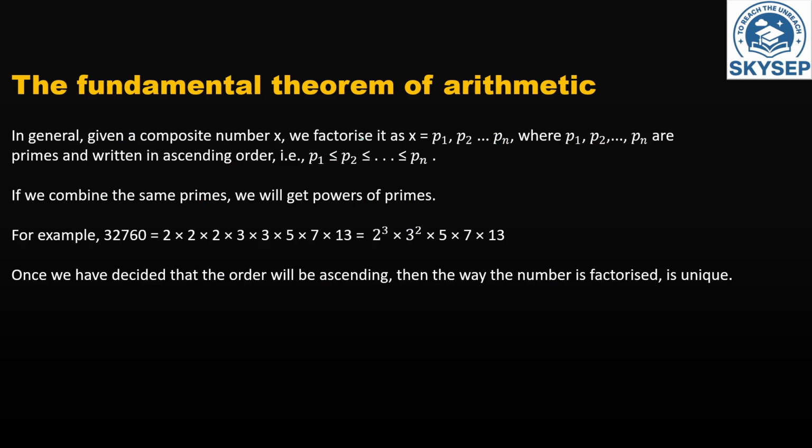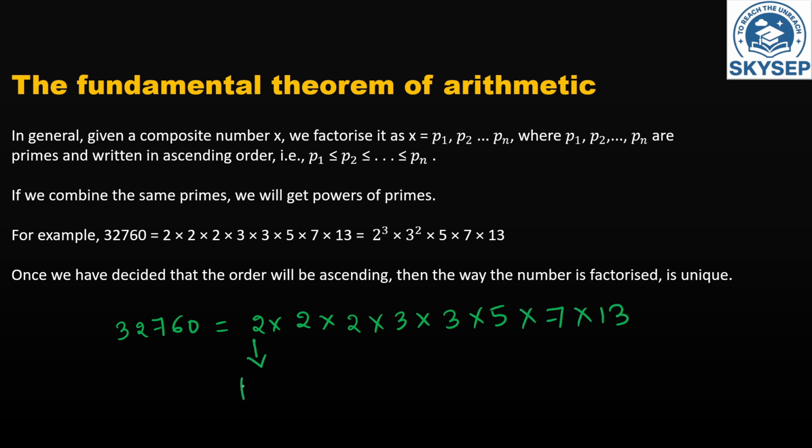So if we write the same fundamental theorem of arithmetic in general form, take the example 32760. The factors of this number 32760 are 2 into 2 into 2 into 3 into 3 into 5 into 7 into 13.